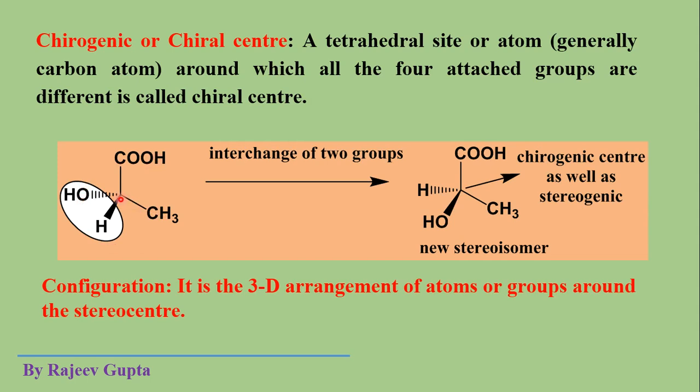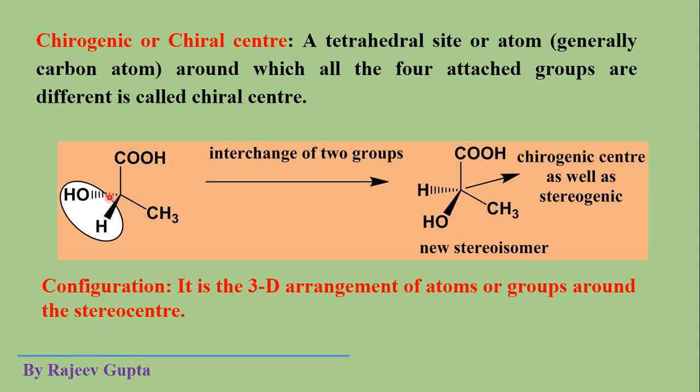So this carbon atom is chiral center in this case, because if we interchange any two groups, then we get a new stereoisomer which is enantiomer of this first one.